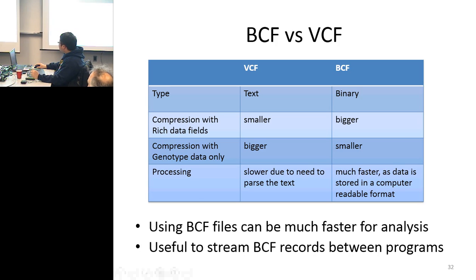In general, regarding compression between BCF and VCF, if your data fields are rich, BCF is actually bigger than VCF.gzip. That's something which I don't think they talk much about, but that's the truth of it. This has to do, I think, with the fact that binary files don't compress that well with the gzip library. But if you only have genotype data, BCF tends to be smaller by around 5 to 10%.